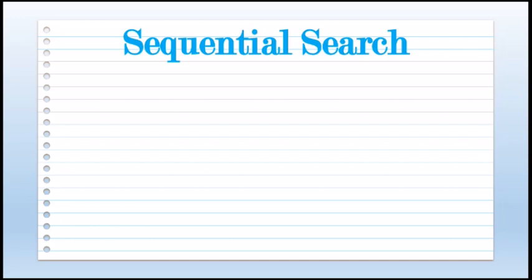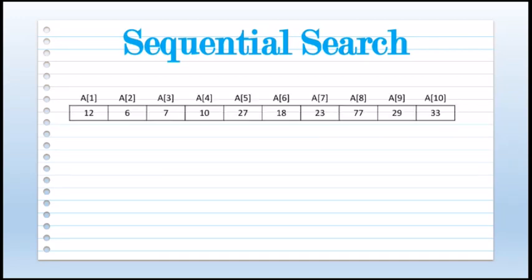So now we will take one example and see how sequential search works. Suppose this is the given list of elements which starts from a of 1 till a of 10, and suppose we want to search whether 23 is present in the list or not.